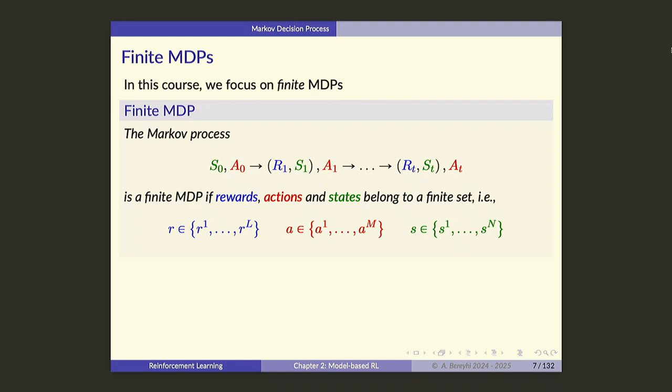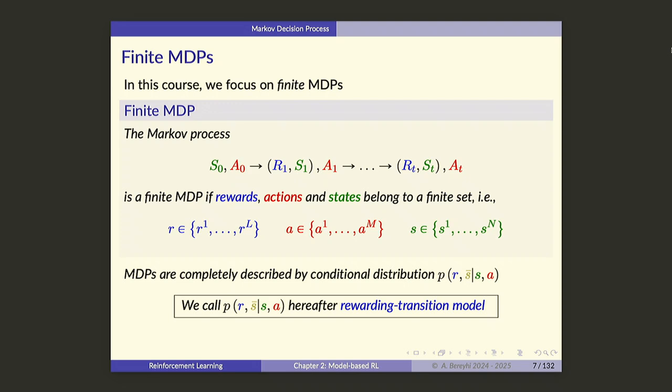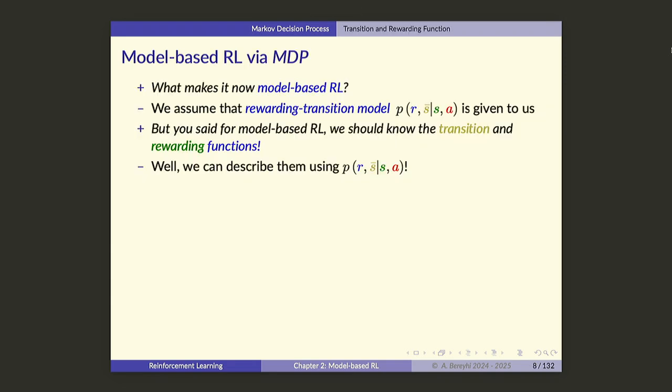Okay? Now, the key factor about the MDP is that your MDP is going to be described by this conditional distribution. This means that you throw away the environment, and the only thing that remains from the environment is this probability distribution. Now, one thing that you might ask me is that when you defined the RL framework, you said that we have a rewarding system and a transition system, right?